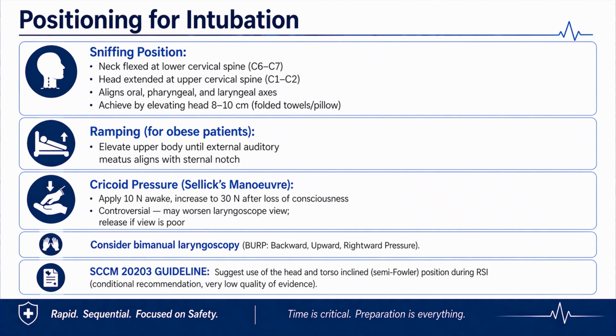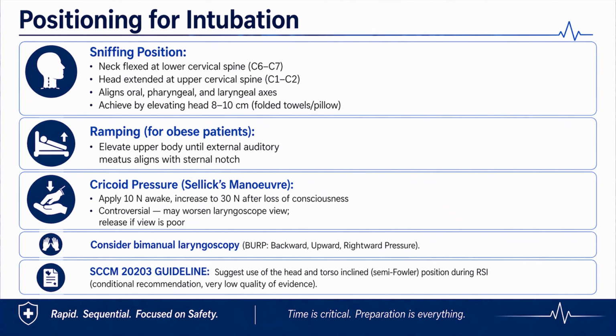The SCCM guidelines suggest use of head and torso incline, that is semi-Fowler position, approximately 30 to 45 degrees during RSI, but that is a conditional recommendation and it has very low quality of evidence. Actually, raising it reduces the chances of aspiration, but if you are not used to it, you may find it difficult.